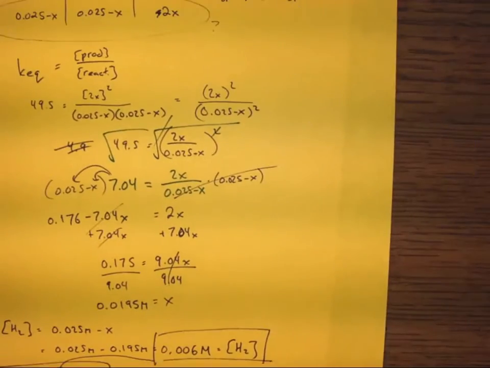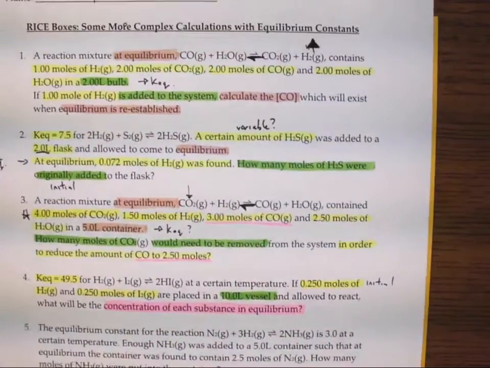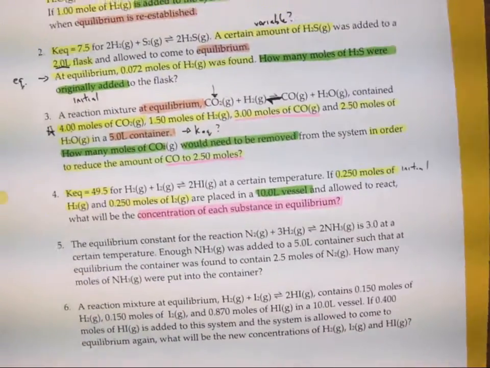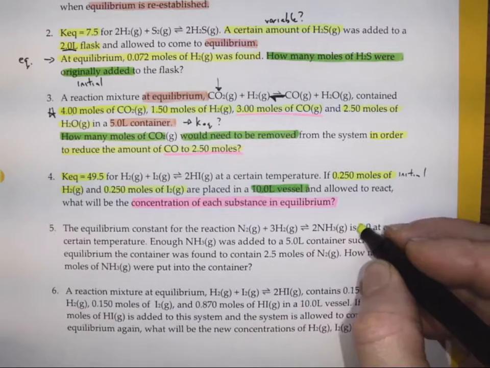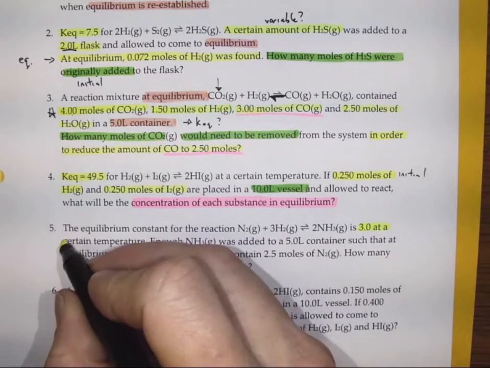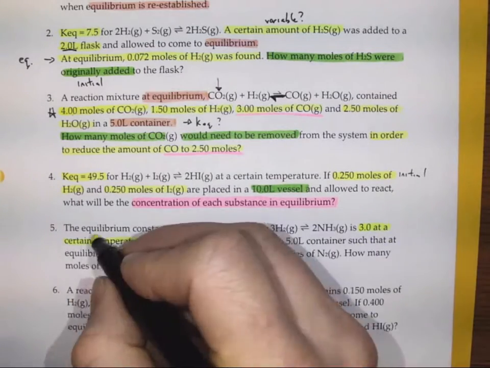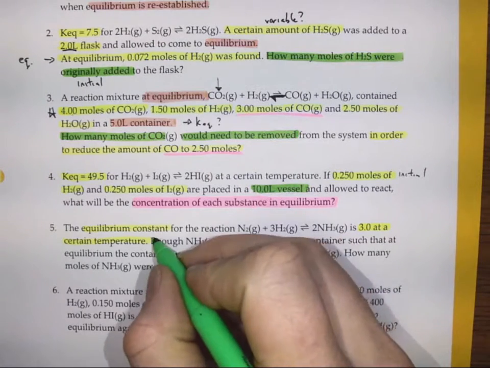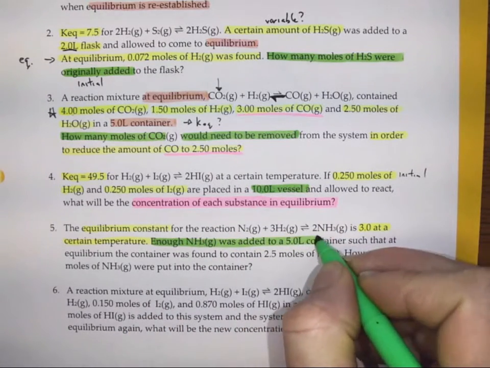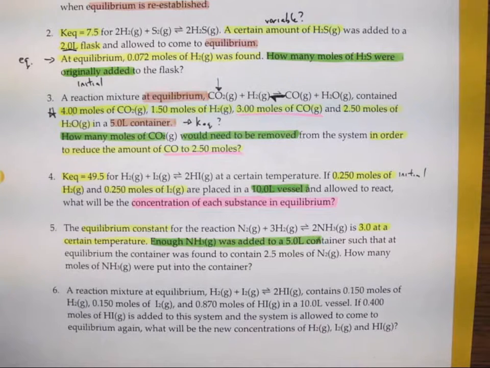Okay, moving on, let's go on to question 5. Question 5 says the equilibrium constant for the Haber process reaction is 3 at a certain temperature. That's the equilibrium constant. Okay, so we're told enough ammonia was added to a 5-liter container. So enough, that makes me think that's going to be a variable.